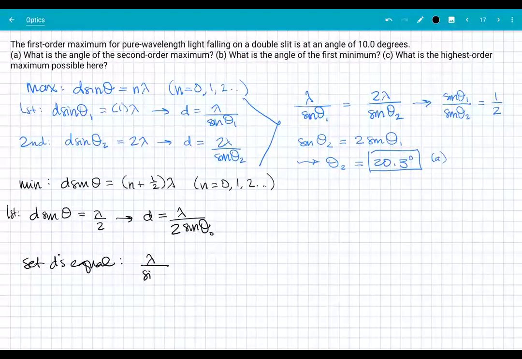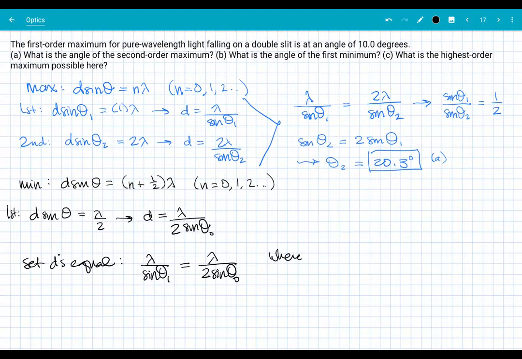Lambda over sine of theta 1, that's from part A, is equal to now lambda over 2 sine of theta naught. And theta naught is my m equals 0 case for the first min, right? And in here, theta 1 is given to us as 10 degrees, and we want to solve for theta 0.